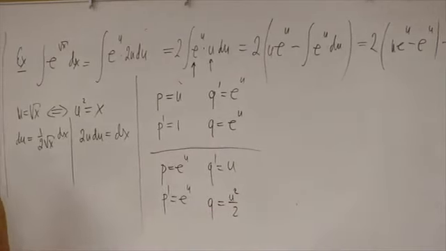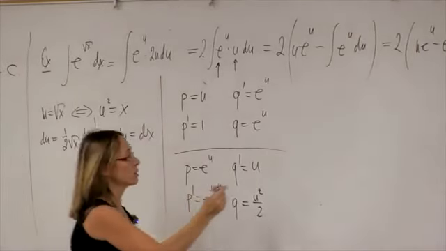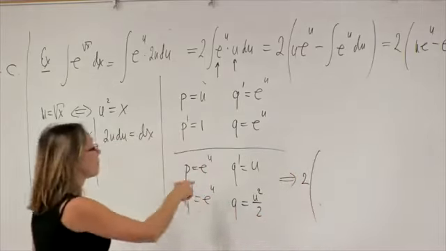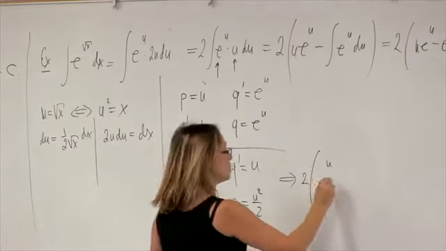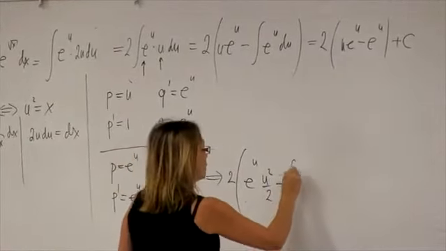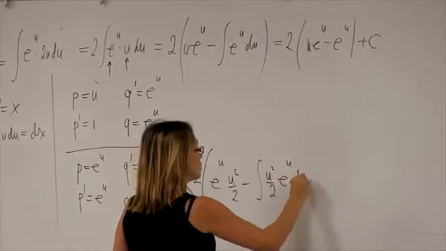When I take the antiderivative. So that would be an alternative way to rewrite this integral. So applying this, we obtain the following. P times q, e to the u squared over 2 minus u squared over 2 e to the u du.